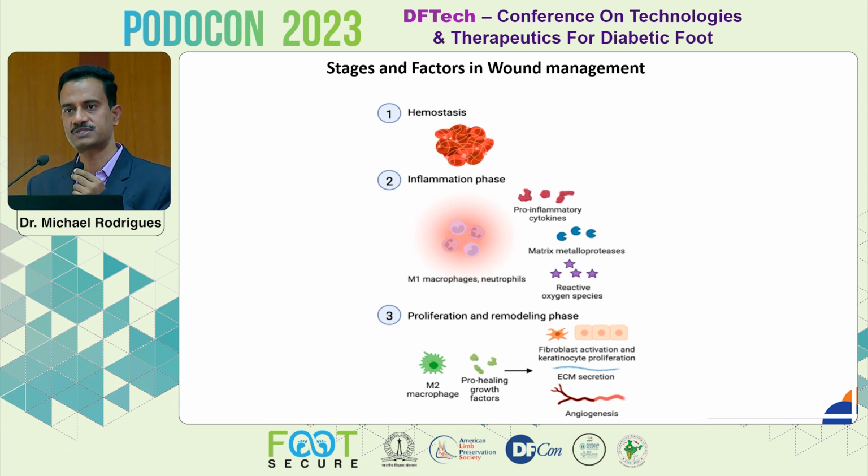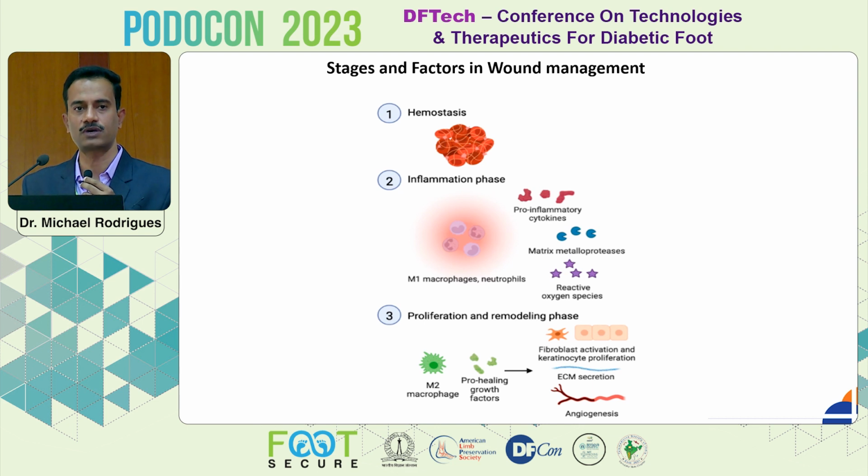At the very initial stage, hemostasis won't be there much, but the inflammatory and proliferative stages are the more common stages, and those markers like pro-inflammatory cytokines, MMPs, M1 macrophages, neutrophils, reactive species, these are the parameters of importance for us, because as technologists devising smart or next generation dressings, we should be able to track those variables and see the interplay between them.